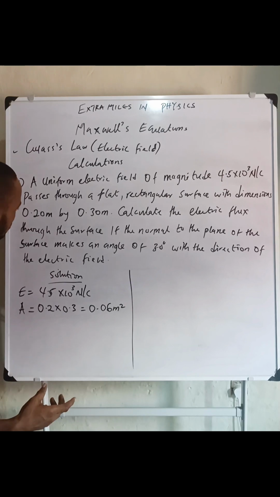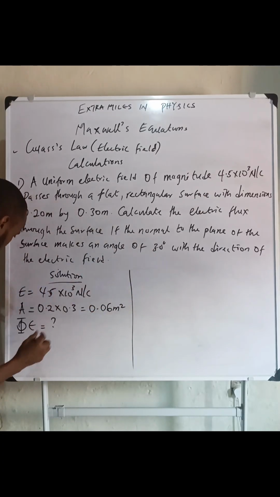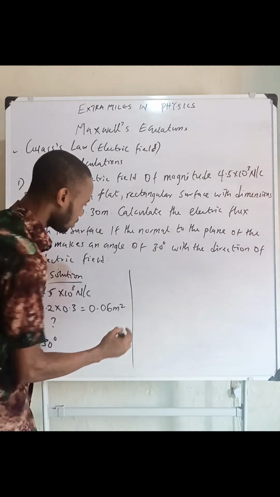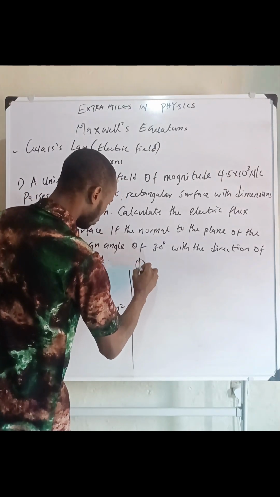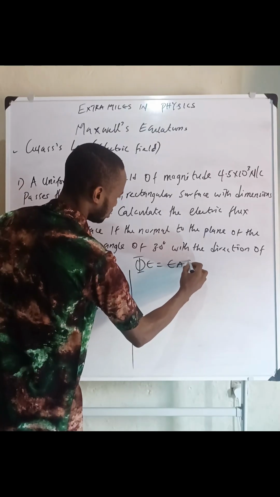What else are we given? Calculate the electric flux. So we are looking for electric flux, which is this. They gave us an angle of what? 30 degrees. So my theta here is 30 degrees. Now from this, we should know the formula that we should use to solve this. We have that our electric flux equals this.